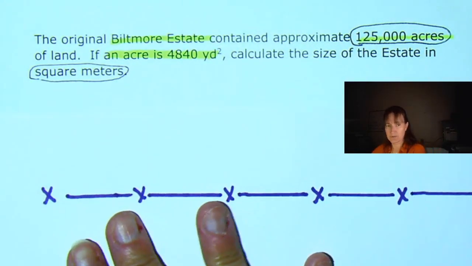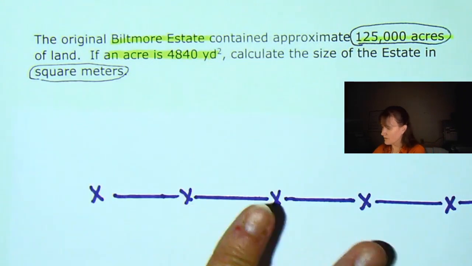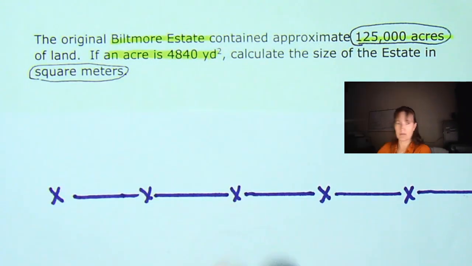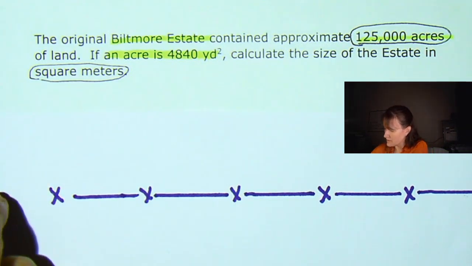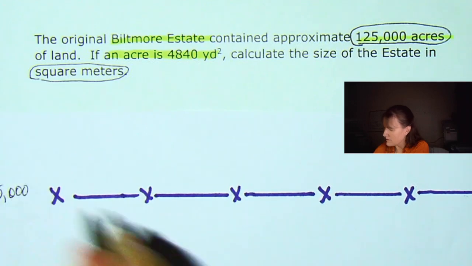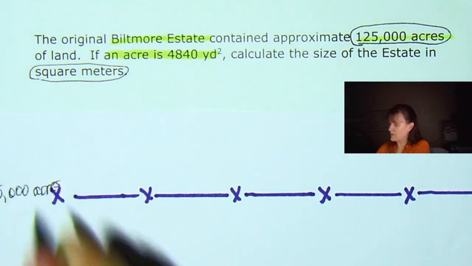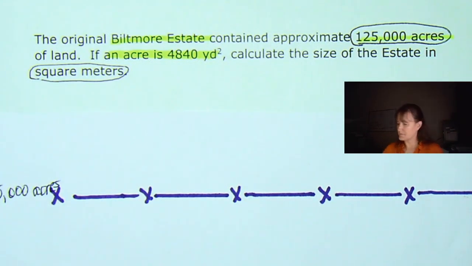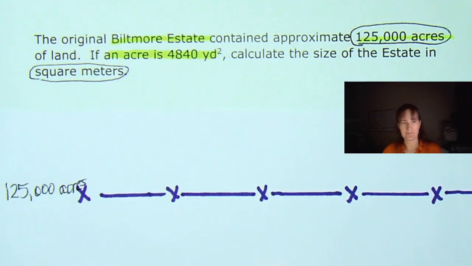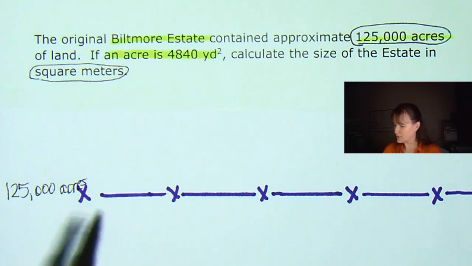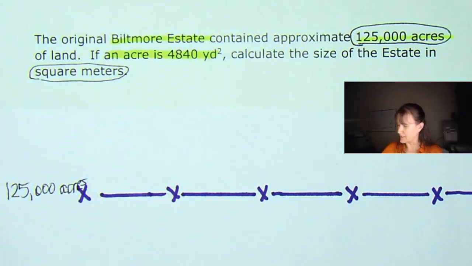So if we have 125,000 acres, then our first equality has to be the one that involves acres.